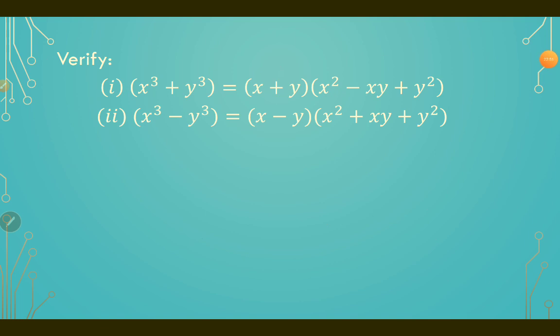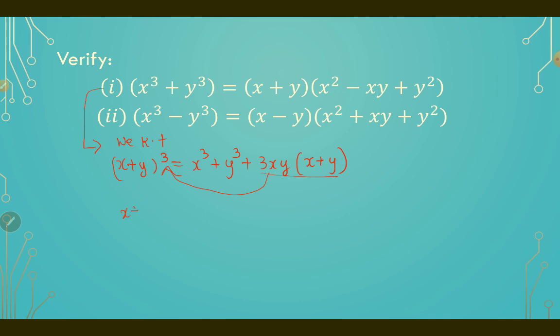Verify. The first part is this. So we know that x plus y the whole cube is nothing but x cube plus y cube plus 3xy into x plus y. So I am going to take 3xy into x plus y to the other side.